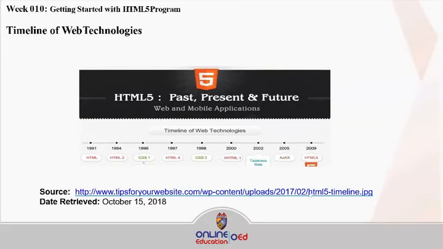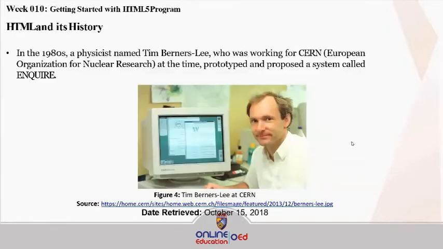Okay, so that is the timeline for the web technology. This one is taken from tipsforyourwebsite.com, retrieved last October 15, 2018. So ibig sabihin, ngayon we are now in 2021, meron na tayong iba pang version.